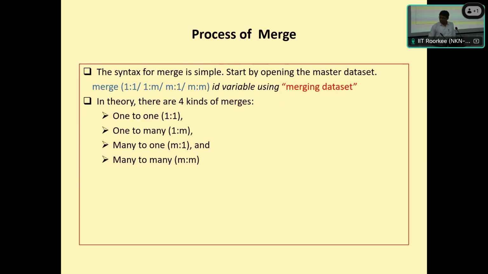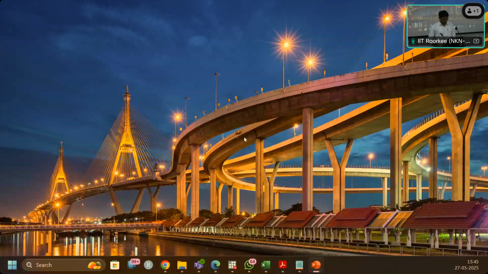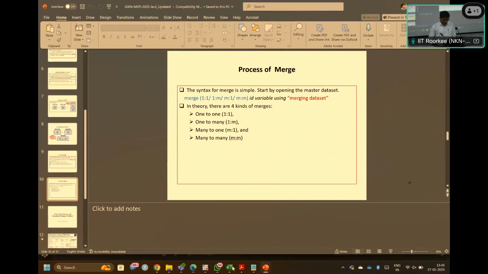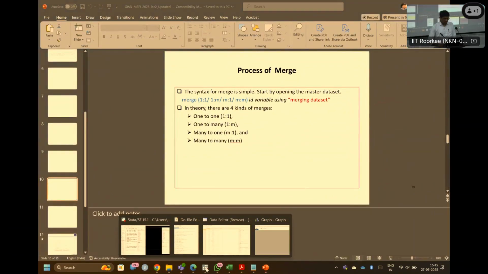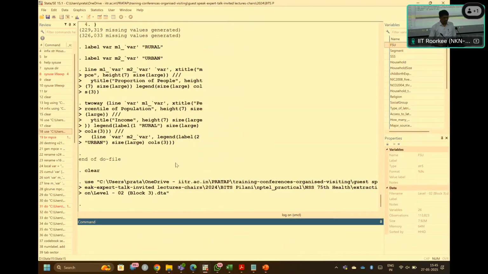So the first 2 are highly suggested, one-to-one or one-to-many. It depends on what file you have opened. So coming to our Stata file, the master file which we have opened at the moment is level number 2.